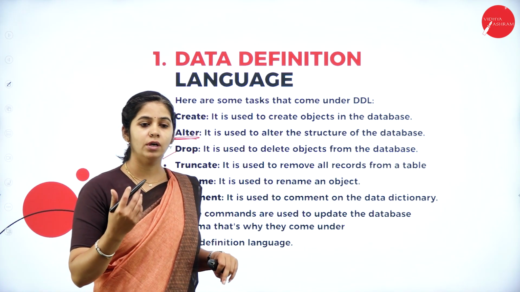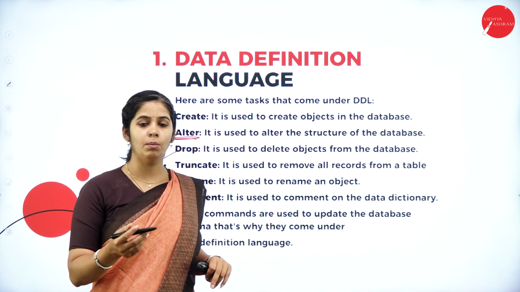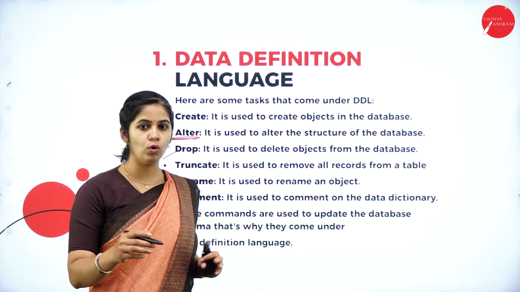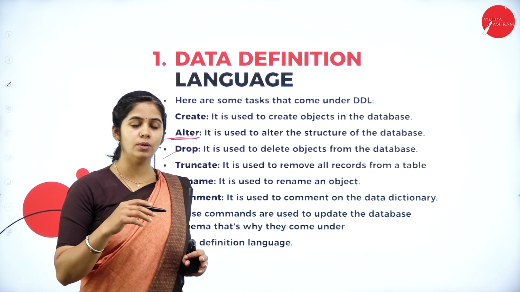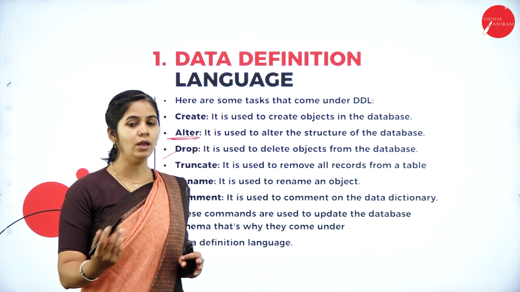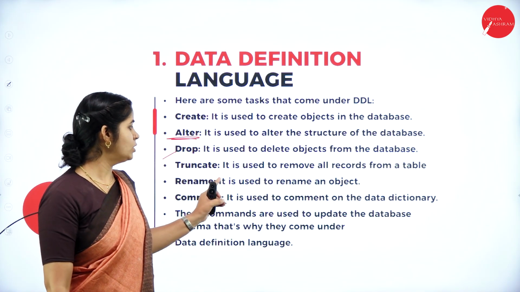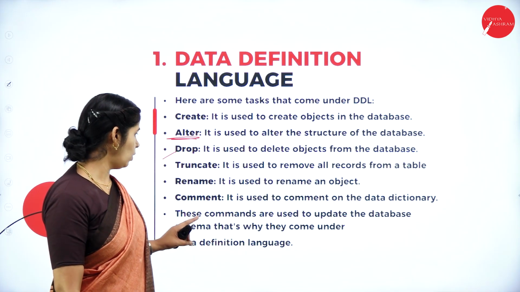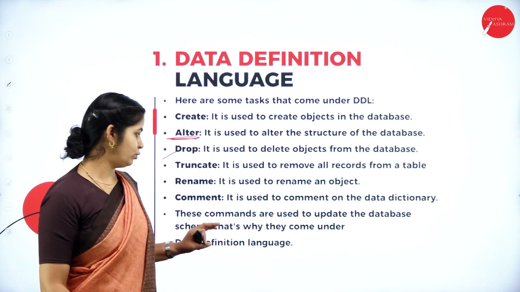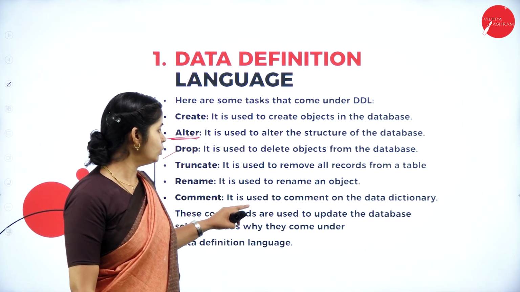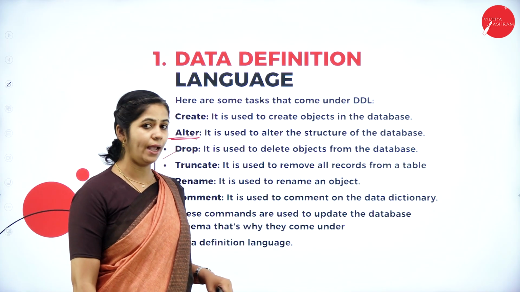Rename: if I have given the database name or table name as student, I want to rename it as student 1, 2, 3. I can do the same. Rename is used to rename the object. Object is nothing but the table. Comment is used to comment on the data directory.